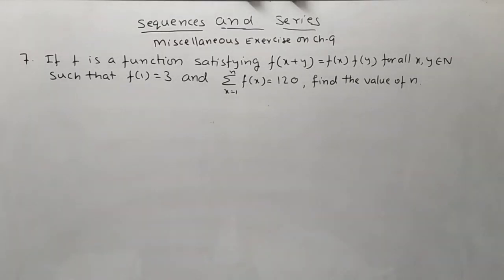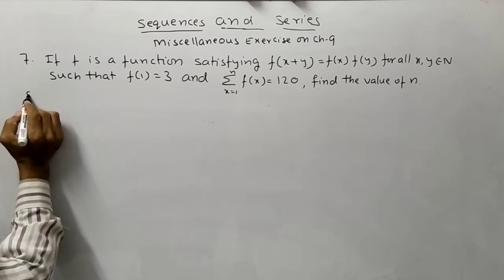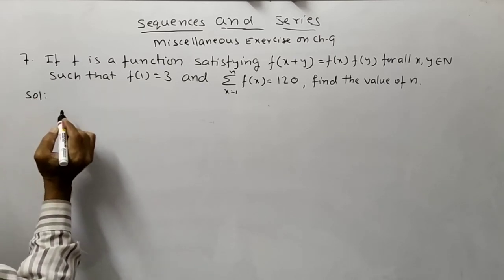Question number 7. If f is a function satisfying f of x plus y is equal to f of x into f of y for all x, y belongs to N, such that f of 1 is equal to 3 and sigma f of x, x is equal to 1 to n, is equal to 120, find the value of n. Solution.